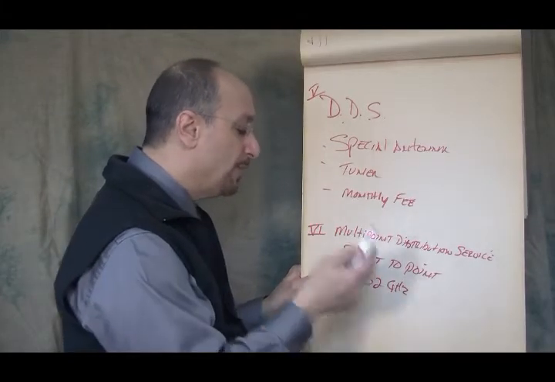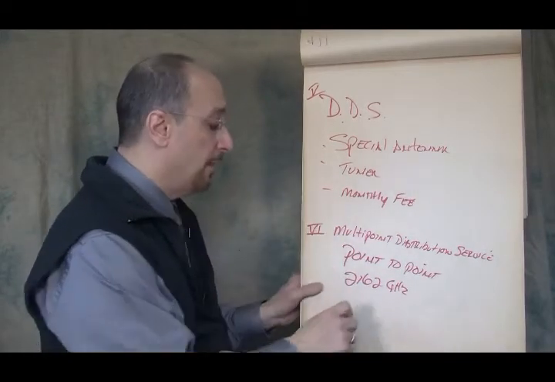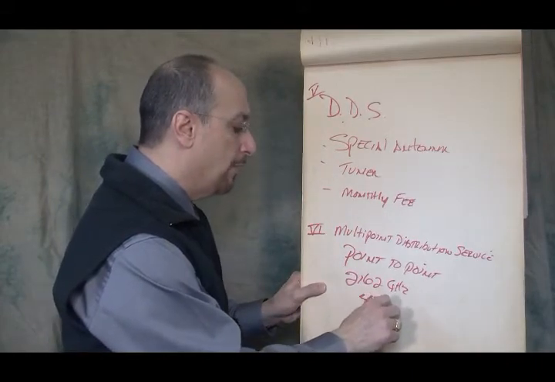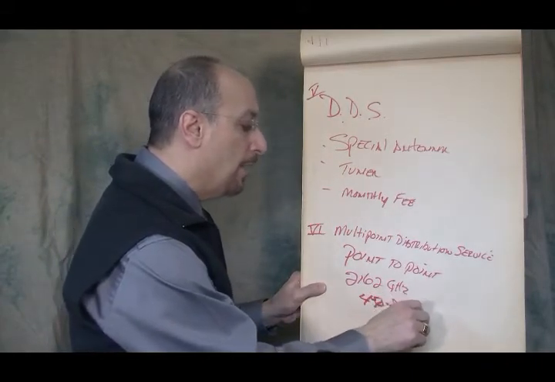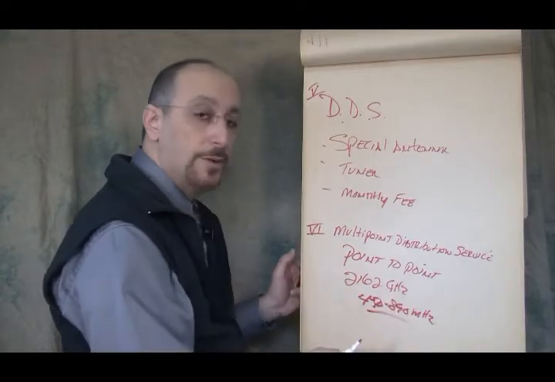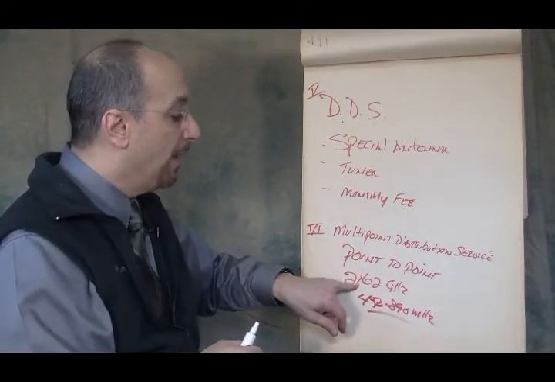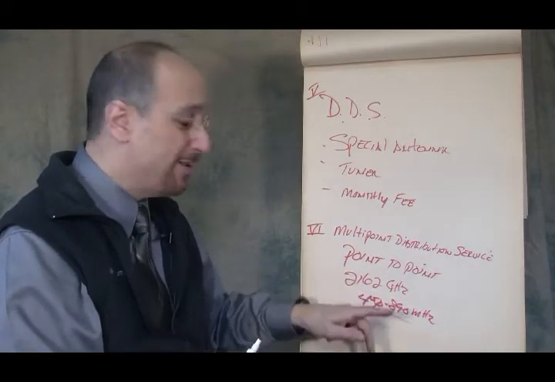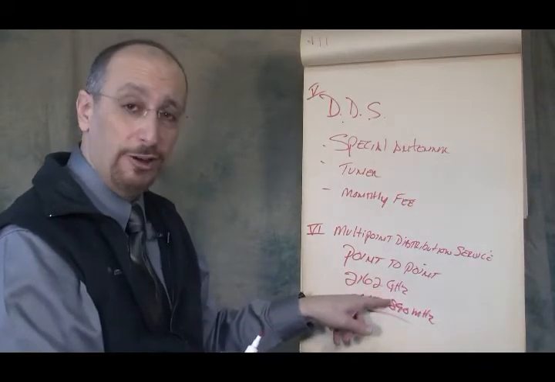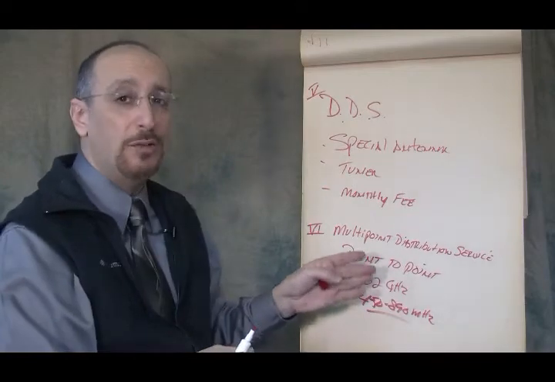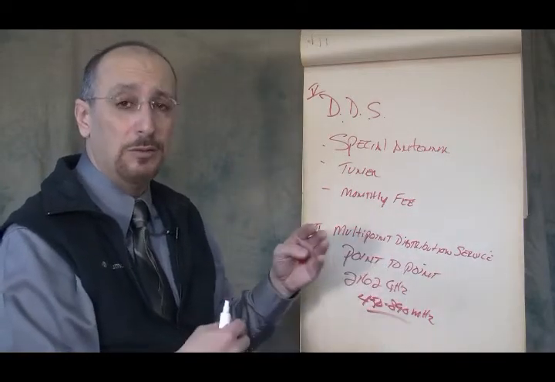That's a very high frequency. Take into consideration, our regular television goes from 45 to 890 megahertz. Okay, that's a much lower frequency. In other words, your TV sees 45 to 890 megahertz. But this 2162 gigahertz is a much higher, larger number, a much higher frequency. So your TV won't even work, won't even recognize these signals.